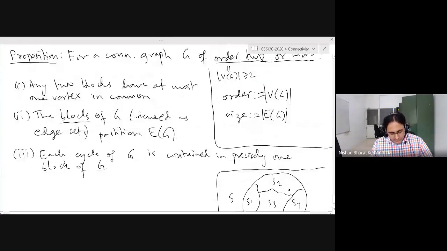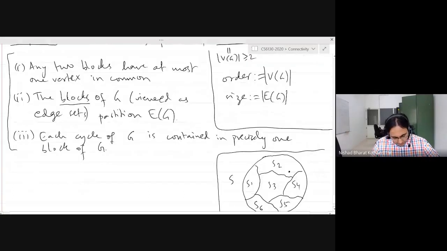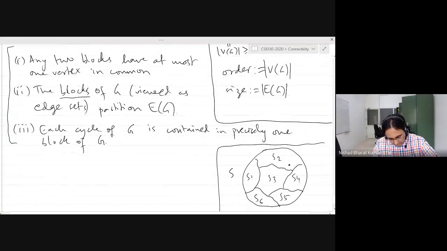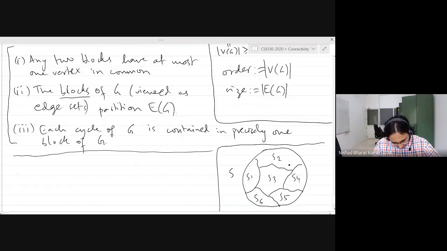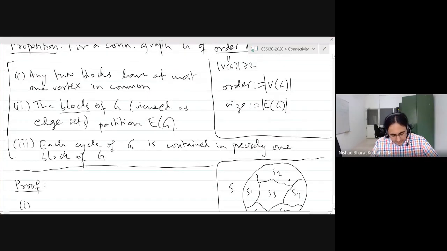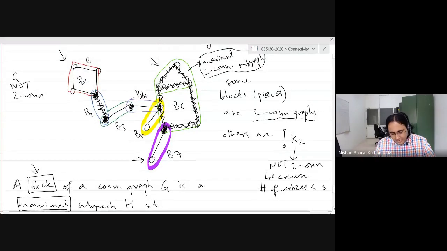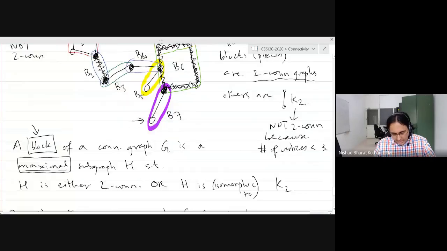Okay, so let's prove this statement. I think I will prove part 1 rigorously, and the rest I will sketch. So what are we proving in the first statement? Let's look at this drawing. If you take any two blocks, there is at most one vertex in common. So why is this happening?